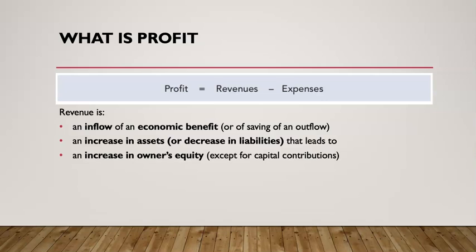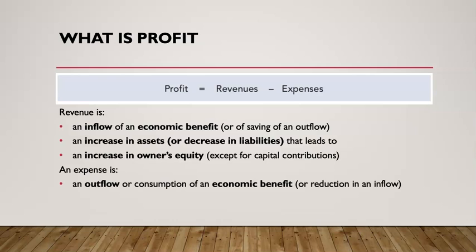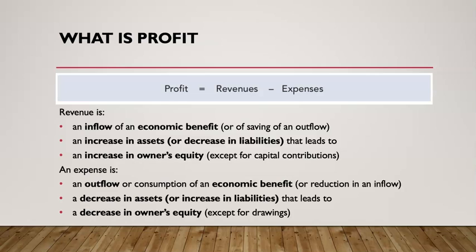Expenses, and we're not going to go through the same type of examples, but there are 3 categories called criteria that need to be ticked off for it to be an expense. It's only an expense if there is an outflow of economic benefit, a decrease in assets, and a decrease in owner's equity. And it can't be drawings.